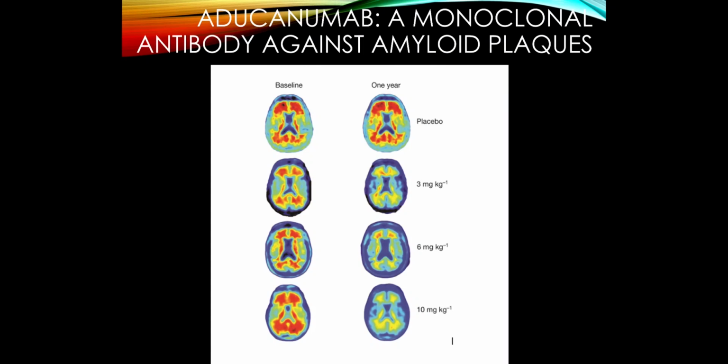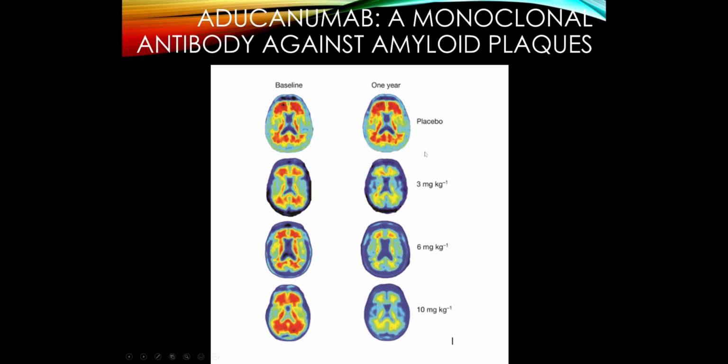There's a lot of interest in many studies over the last 5 years looking at monoclonal antibodies developed against amyloid plaques. This was done at least 3 or 4 years ago, but look at all the amyloid here at baseline. Now we give this medication, which I won't ask you about, but I'm just making a point here. Look how much we can reduce the burden of amyloid in the brain compared to placebo.